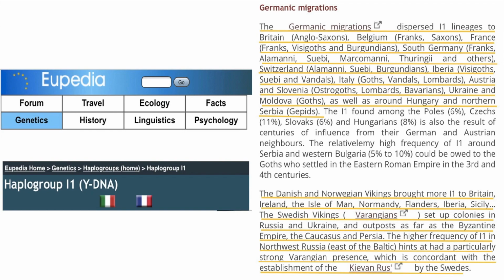The Danish and Norwegian Vikings brought more I1 to Britain, Ireland, the Isle of Man, Normandy, Flanders, Iberia, Sicily.